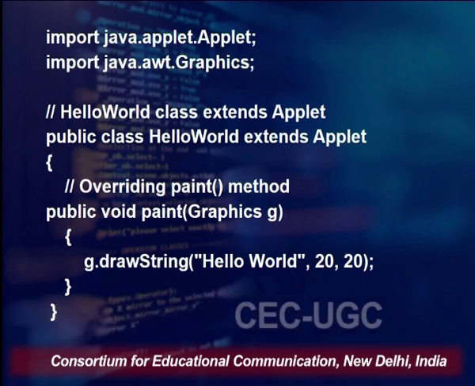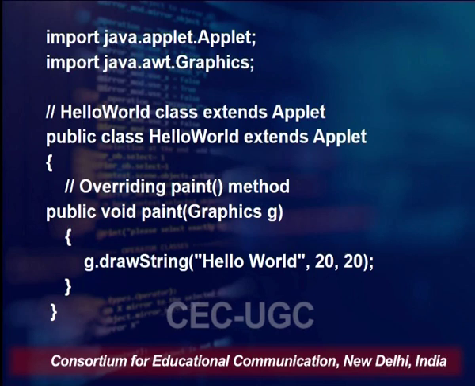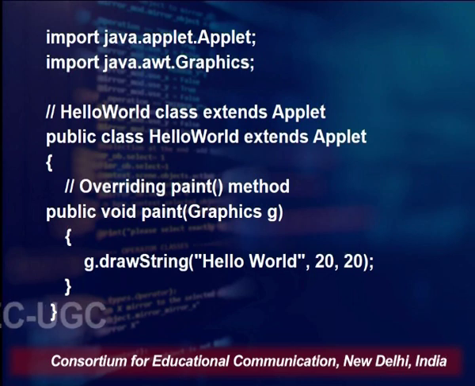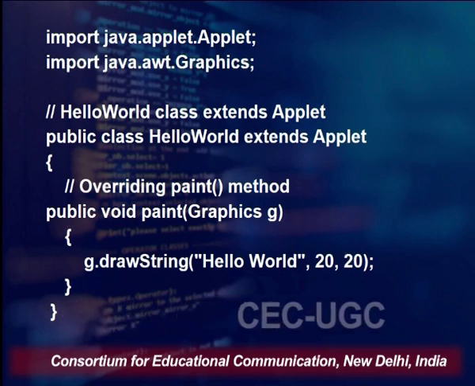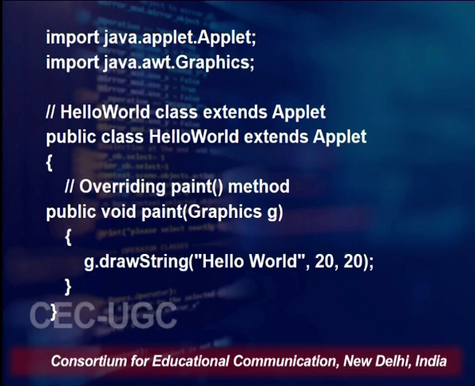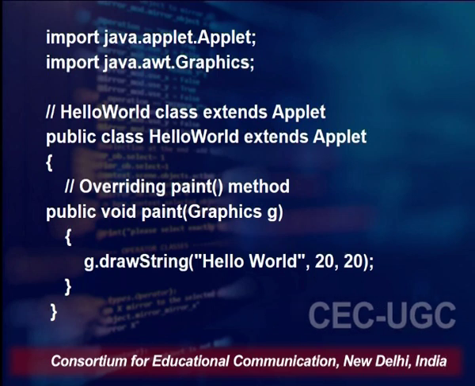Here it is done with the help of this graphics context, so we have used g.drawString with the string Hello World and then 20, 20, which are the x and y coordinates. This is the body of the paint method, which has just one instruction, and then the class HelloWorld is closed here.